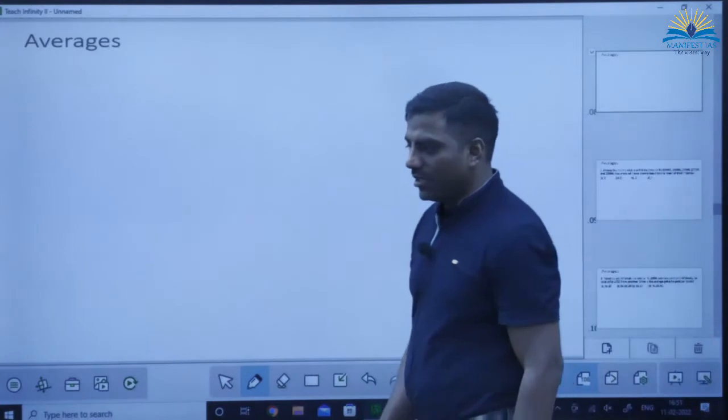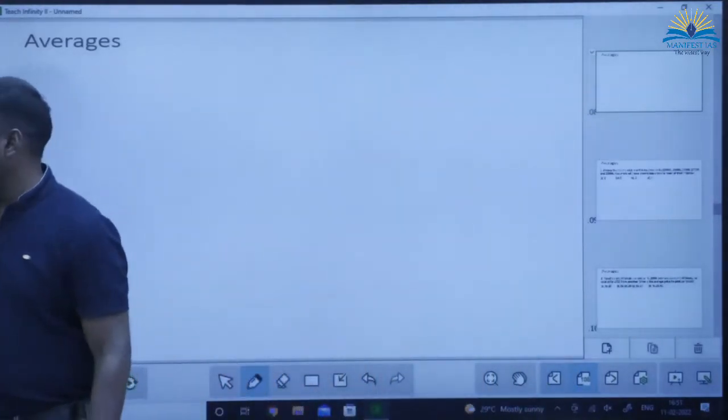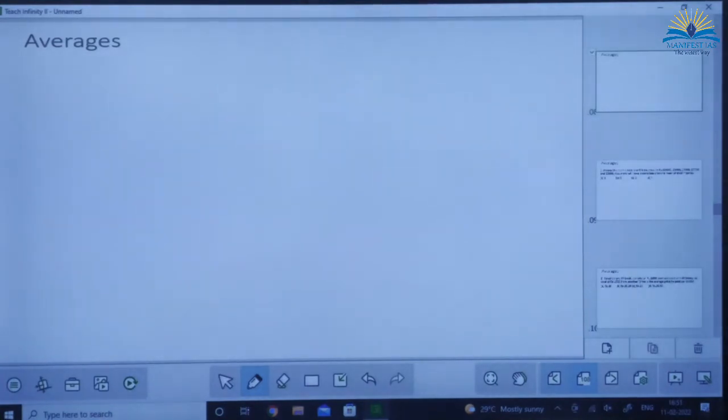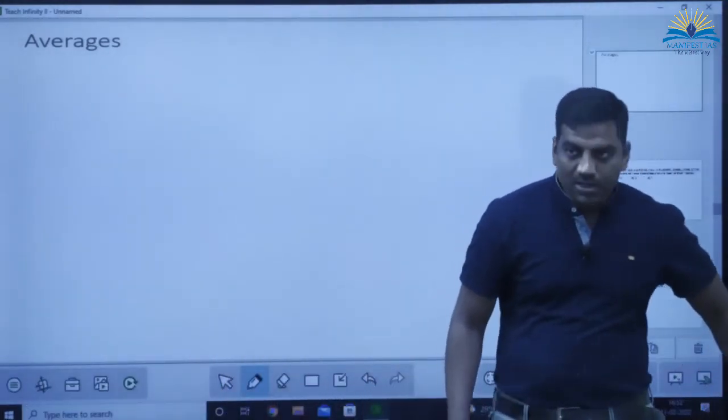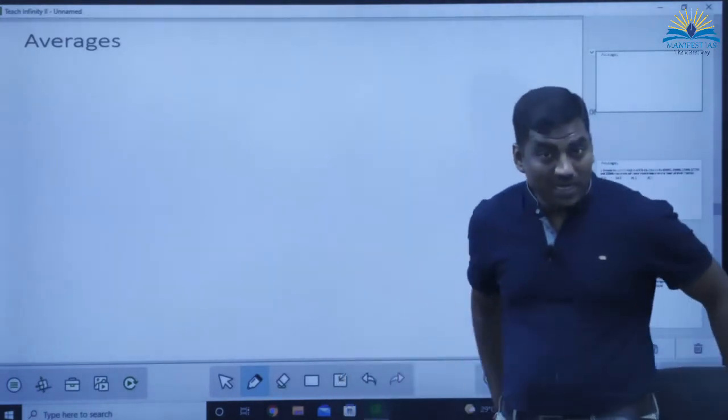Averages. Beautiful chapter. Again, I know there is no economic class.